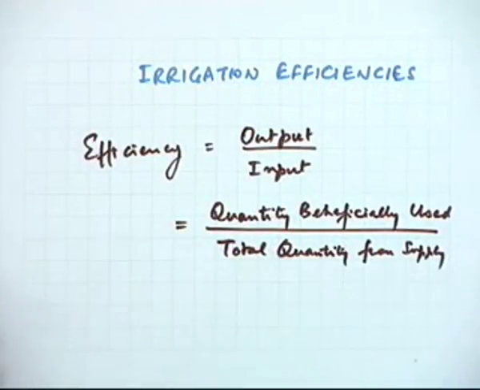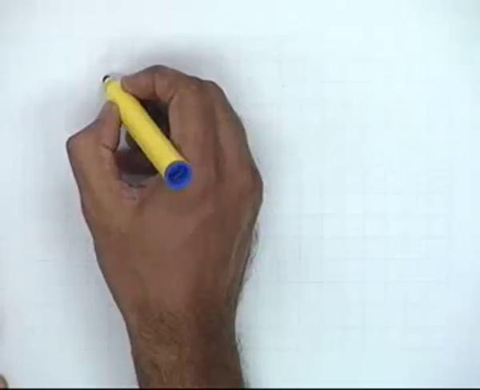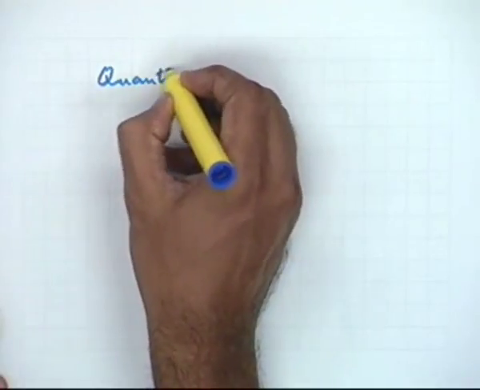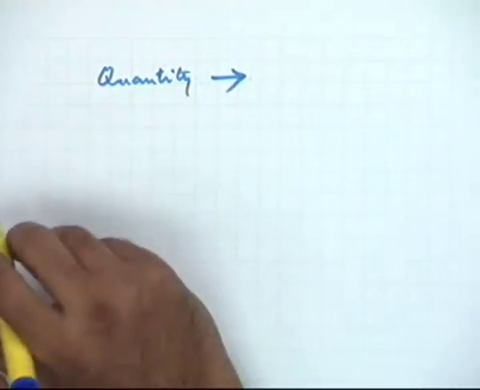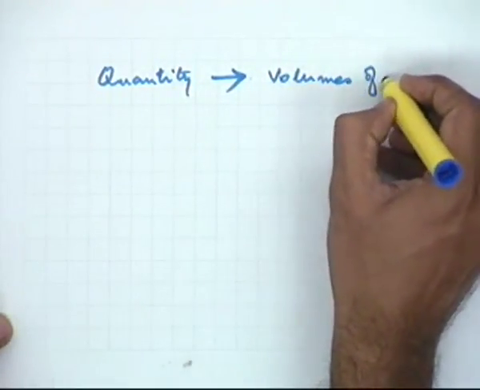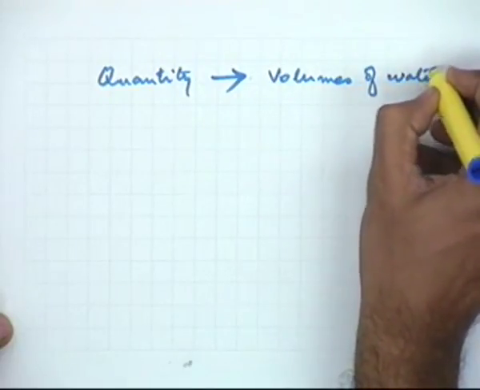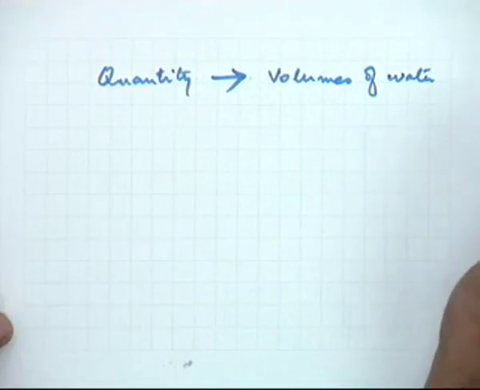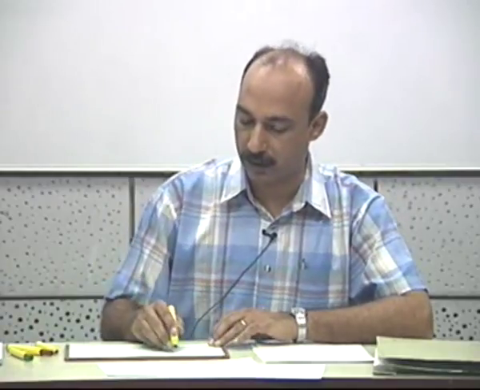So when you say the quantity beneficially used, first of all, we normally are dealing with the volumes of irrigation water. When we are talking of quantity, we mean the volume, how much volume of water has been diverted or applied onto a field, and the beneficial usage of this quantity.